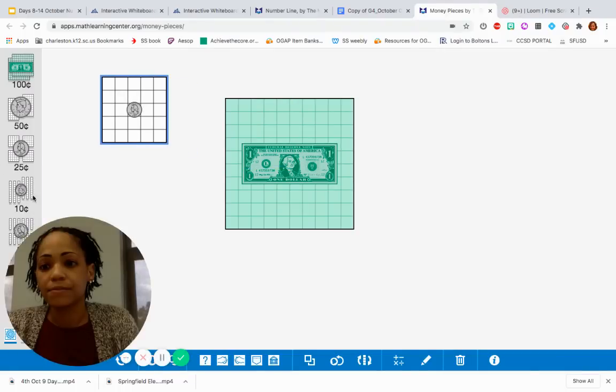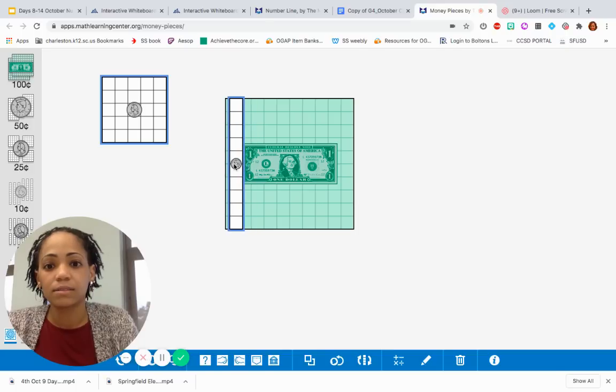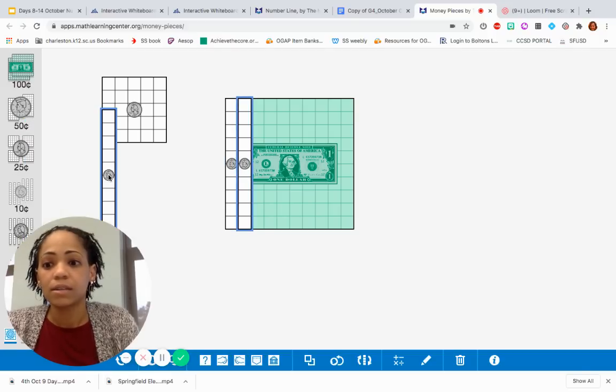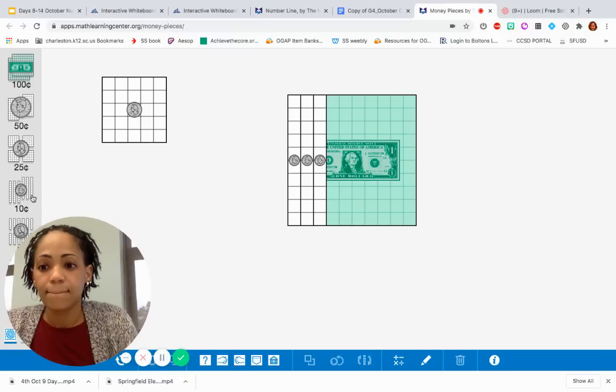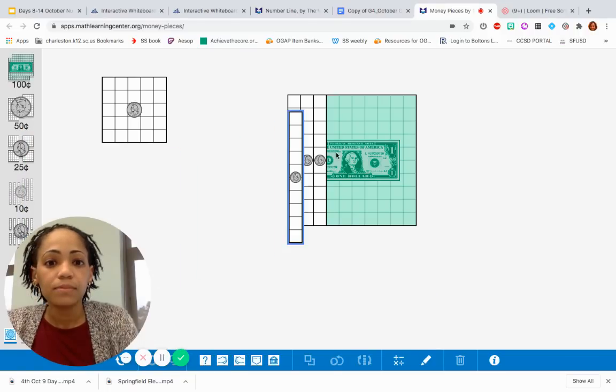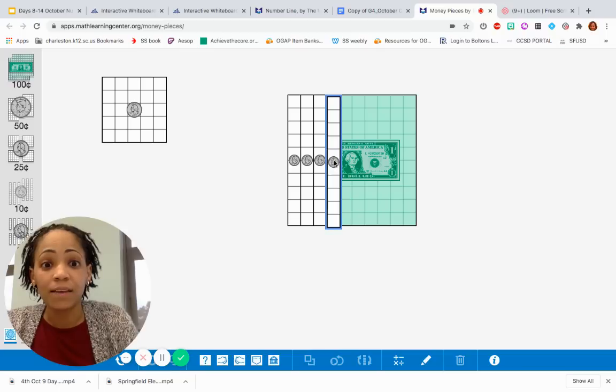So I have 10, 1 10, 2 10s, basically with 4 shaded in, right? 3, now 4. So 40 cents out of 100 cents, right?